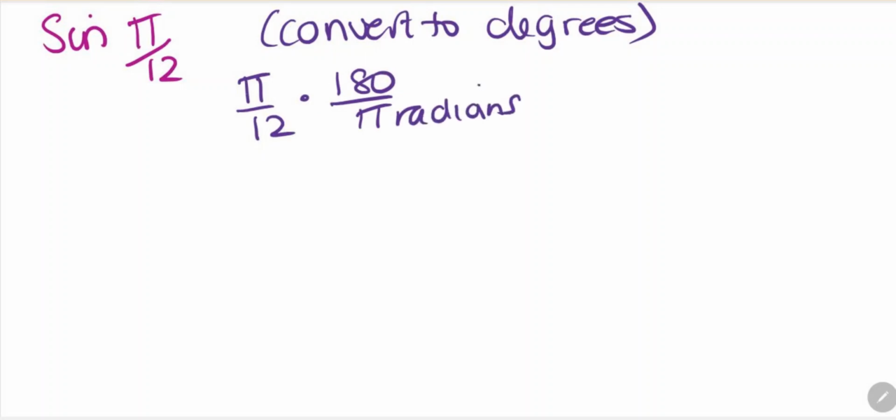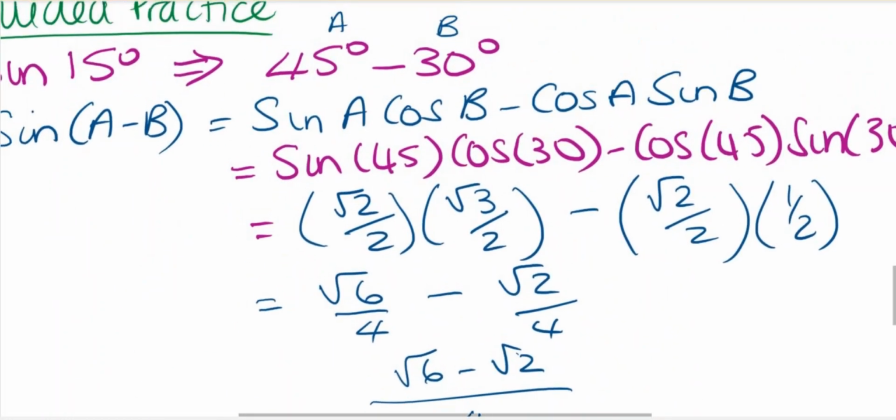Our pi's will simplify, and then 12 will divide into 180 15 times. So this is going to leave us with 15 degrees. So we want the sine of 15 degrees, and we've actually just worked that one out.